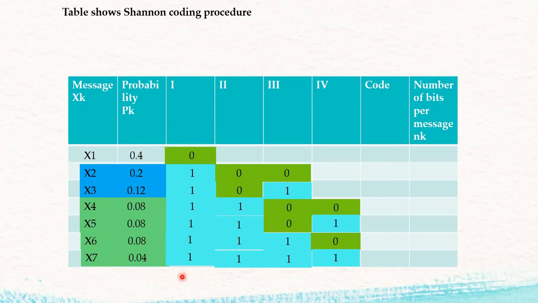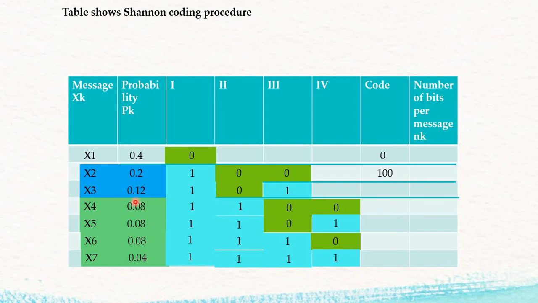Once the partition is done, our next task is to find out the code. How are we going to find the code? Our first message is x1. Initially I have drawn this line. For the first message x1, my code is 0. For the second message, flowing through 1 0 0, the code comes out to be 1 0 0. For the third message, my code is 1 0 1.